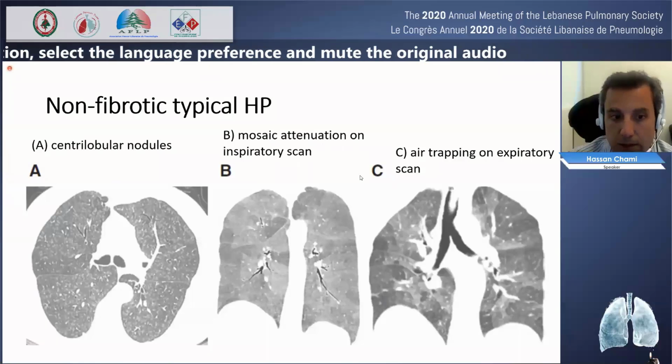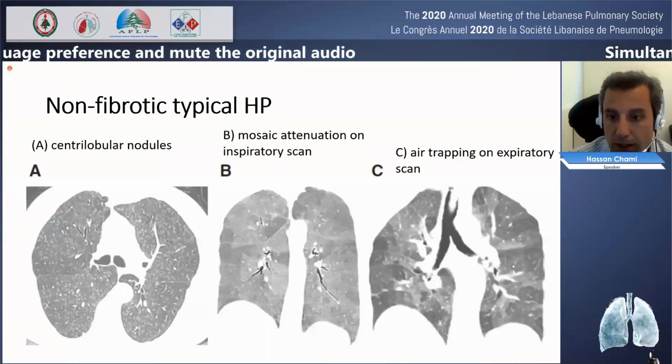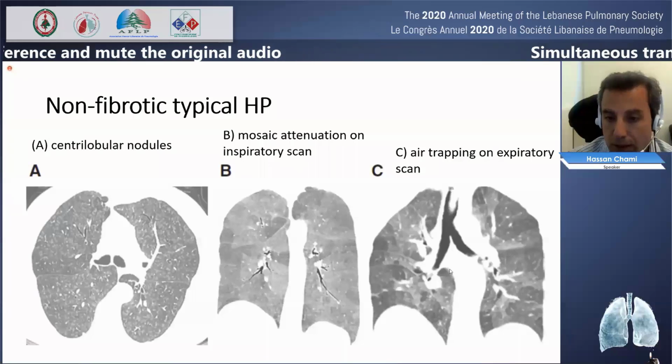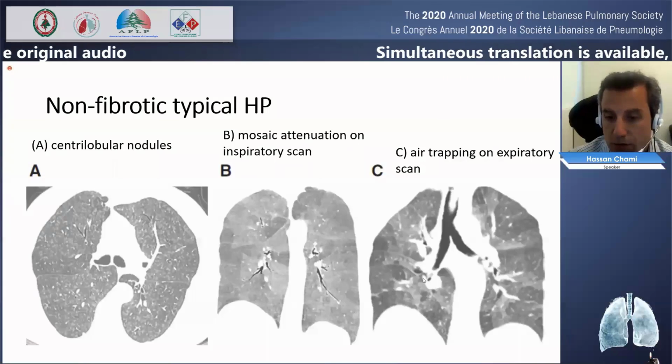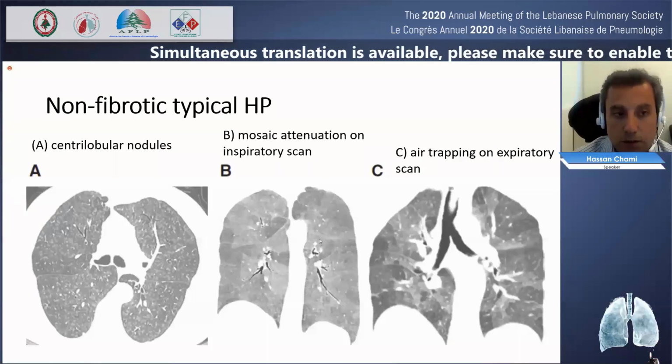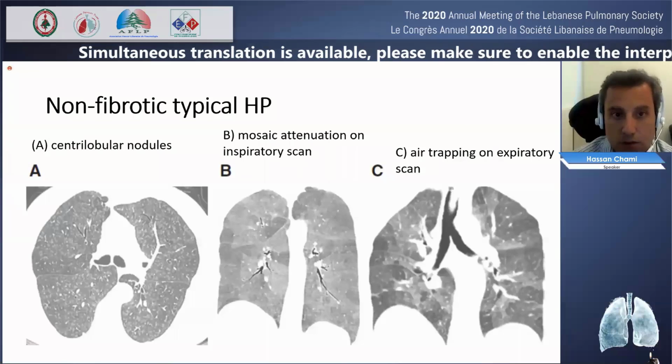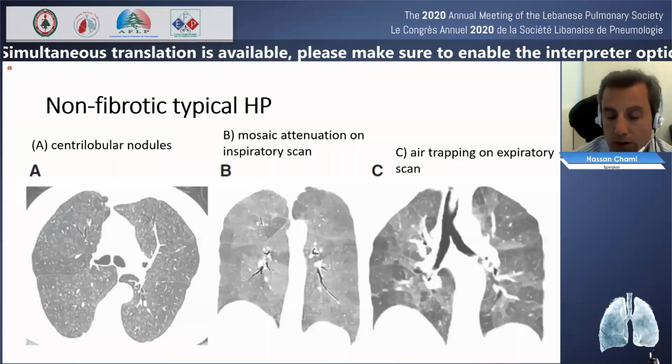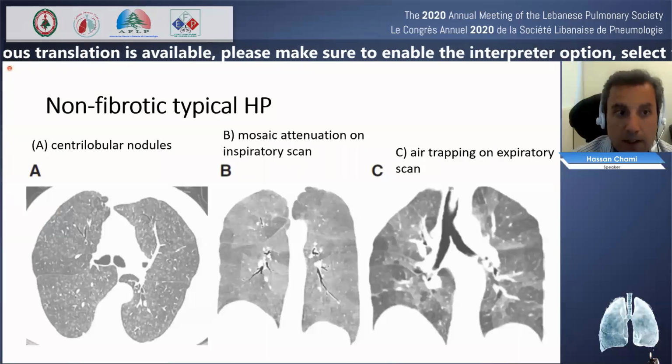Okay, so if you have features of both parenchymal infiltration and exaggeration of this mosaic pattern on expiratory, which is suggesting air trapping and signaling small airway involvement, this is what we consider features typical of non-fibrotic or inflammatory HP.